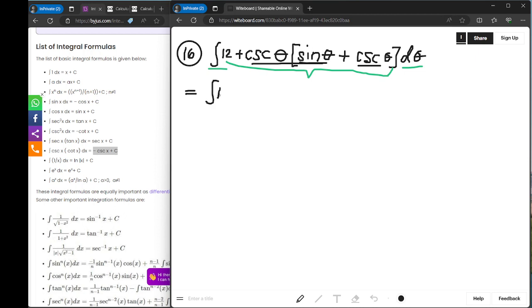So that would become 12 plus cosecant theta times sine theta plus cosecant times cosecant, which will be equal to cosecant squared theta. Then we should not forget the d theta. It's difficult to control the mouse.